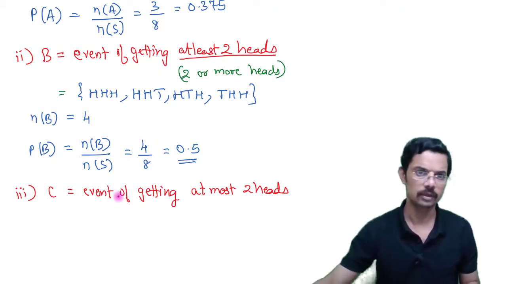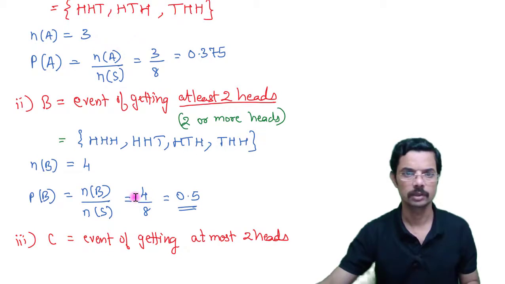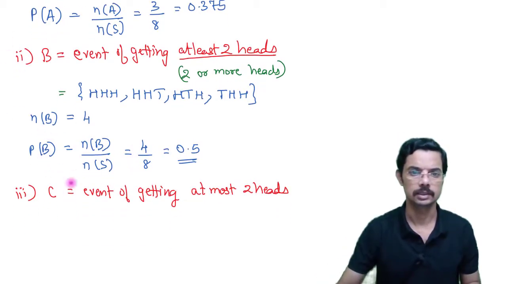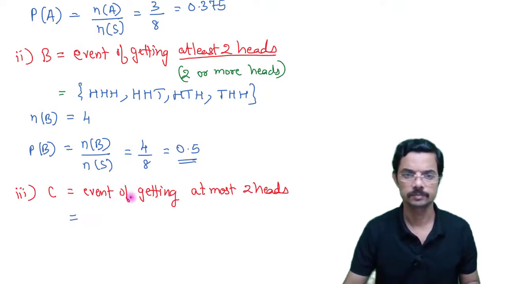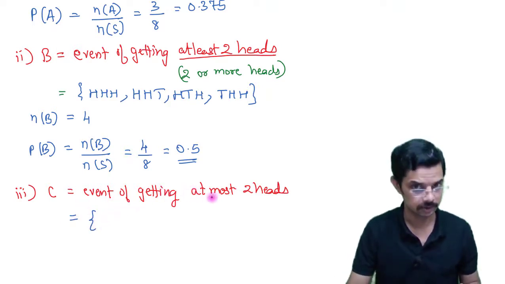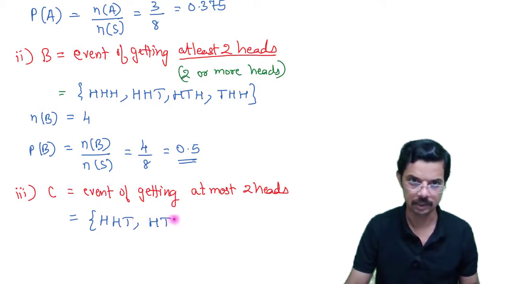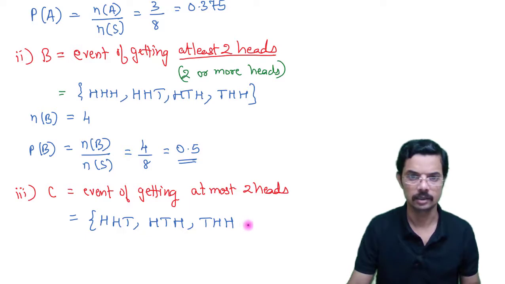So what we have here is, we can write down the set. Let us write down the set of events favorable to C. At the most 2 heads, maximum 2 heads, so 3 heads will not be there. So 2 heads cases: head, head, tail; head, tail, head; tail, head, head.